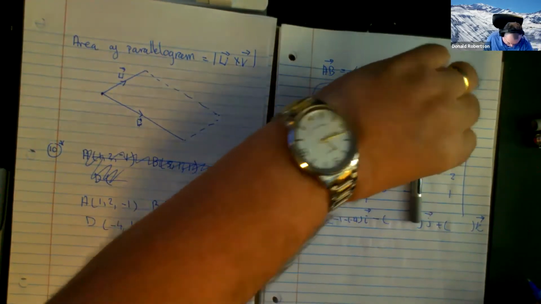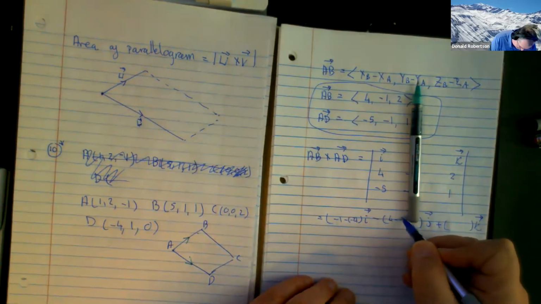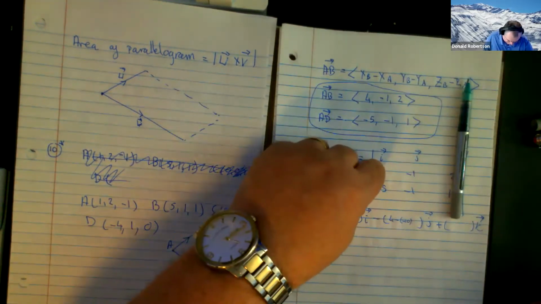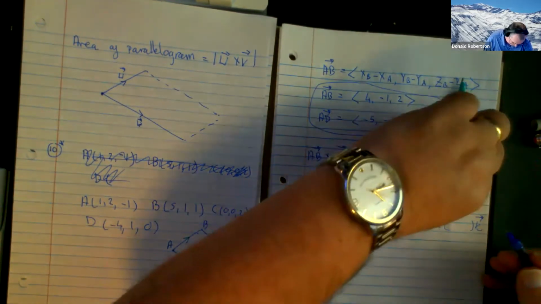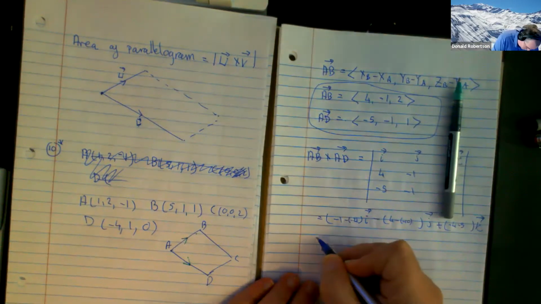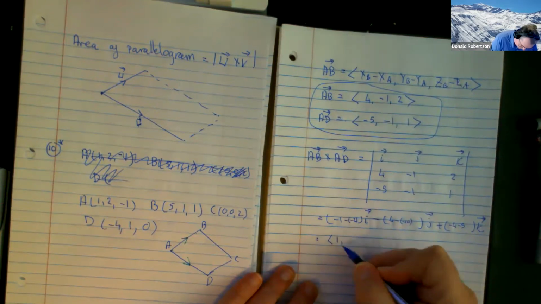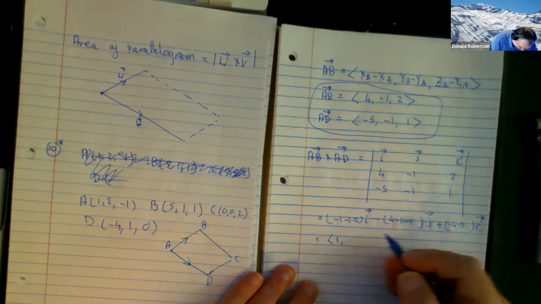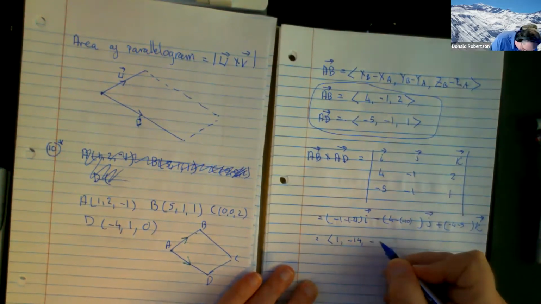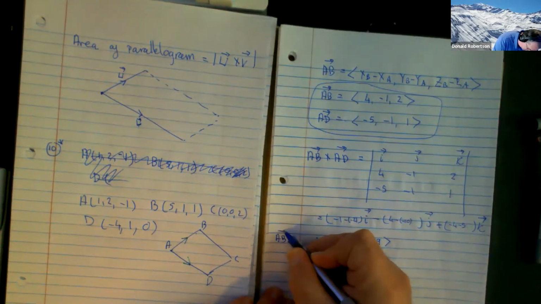Middle one, 4, take away -10. Last one, -4, take away 5. So we get the vector -1 add 2 is 1, 4 take away -10 is 14, then you make it negative. -4 take away 5, make it -9. There is your cross product.